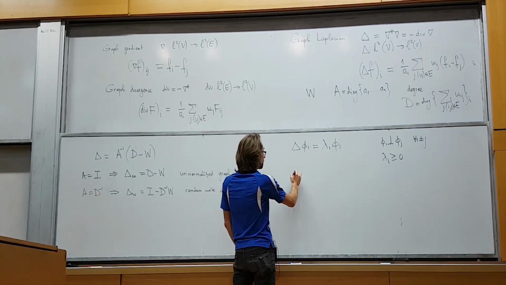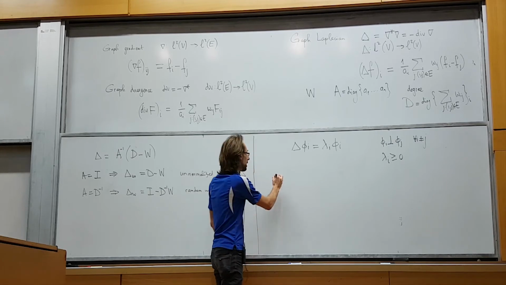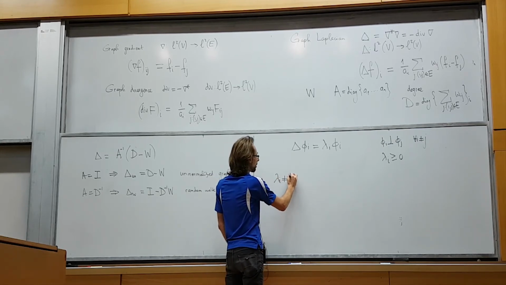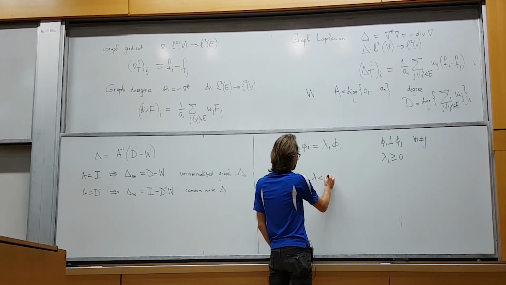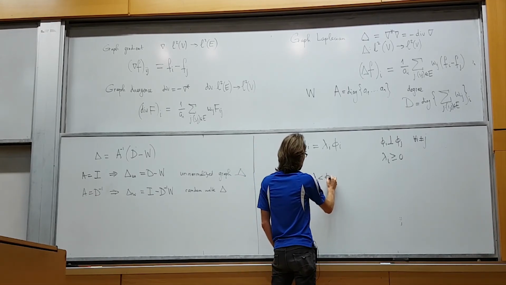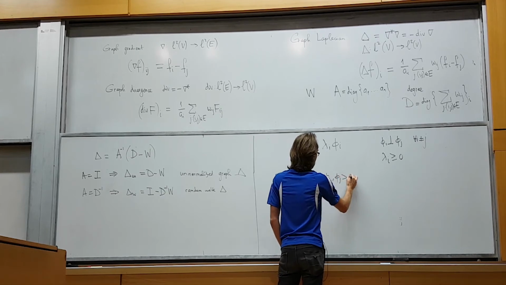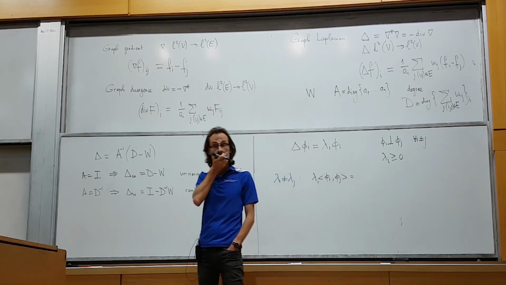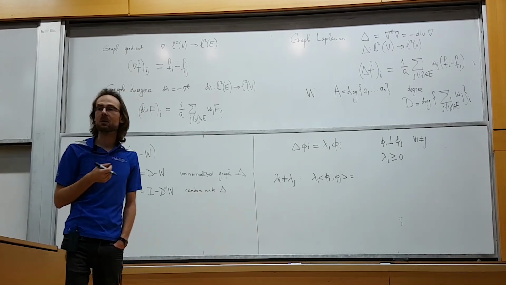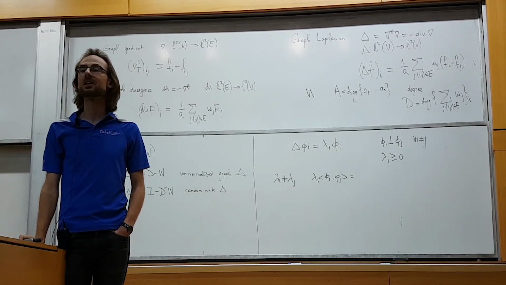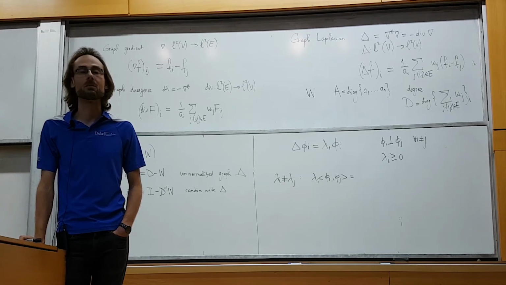Let's take lambda i distinct from lambda j, and let's evaluate this inner product: lambda i phi i with phi j. Of course the inner product will be the appropriate inner product either on scalar fields or on vertex fields, depending whether we operate on a manifold or on a graph.